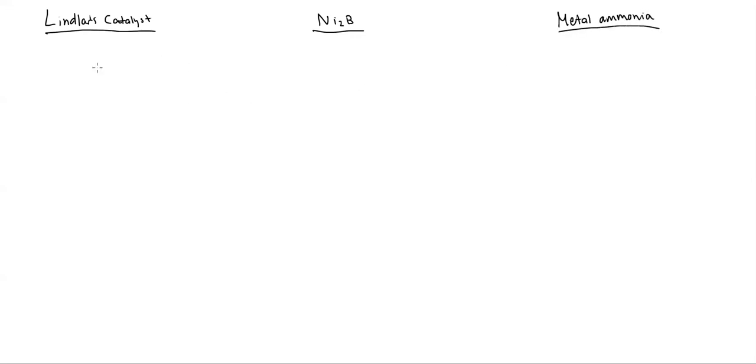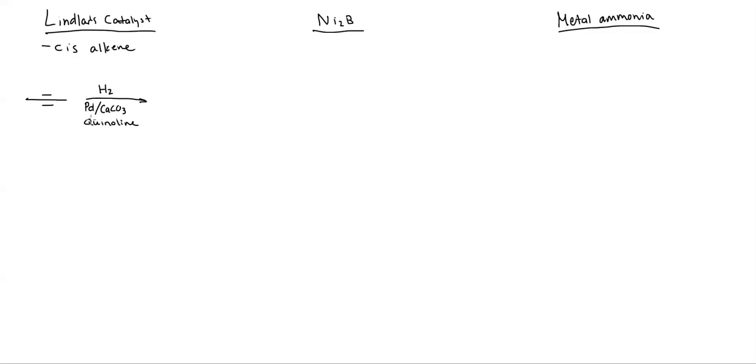Lindlar's catalyst is going to make a cis alkene. Let's take a look at this really quick. Let's use this alkyne here, and then we're going to use H2 over Pd on calcium carbonate with quinoline.